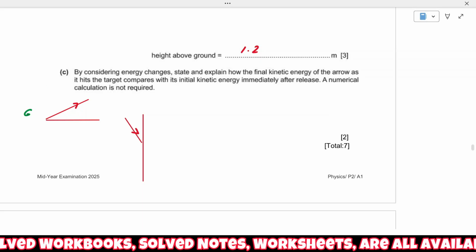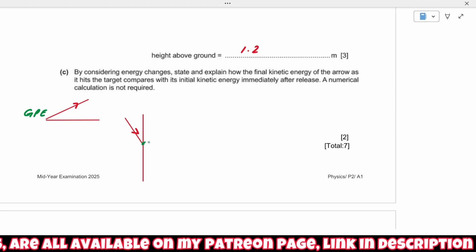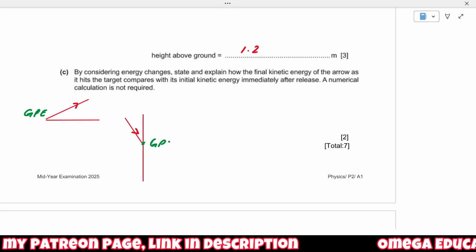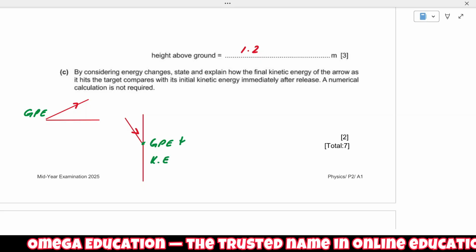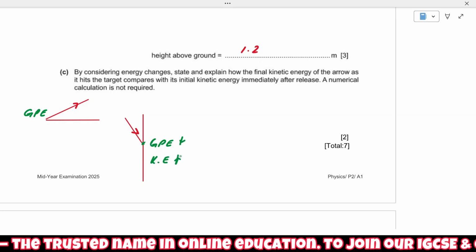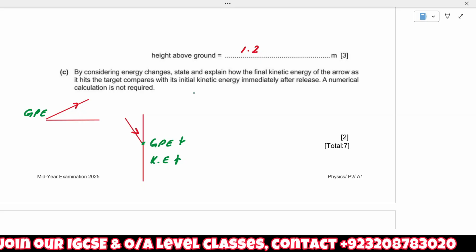Initially it had larger GPE, and now the GPE is decreased because the height is reduced. GPE is decreased, so kinetic energy must have increased because the total energy always remains constant.